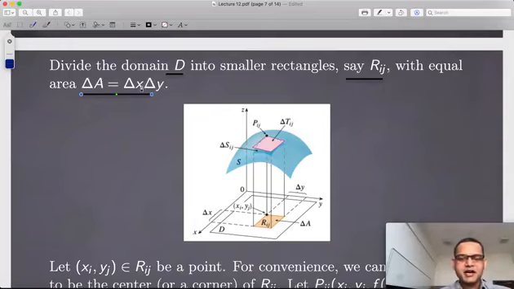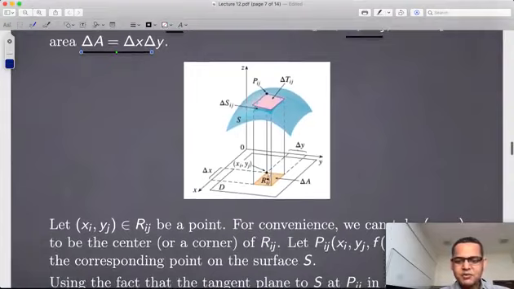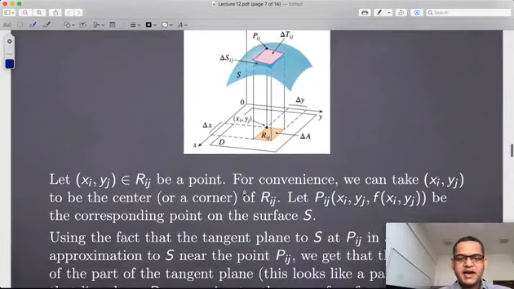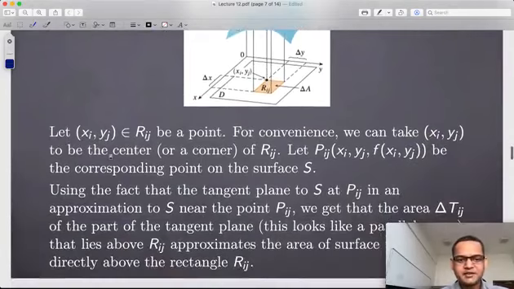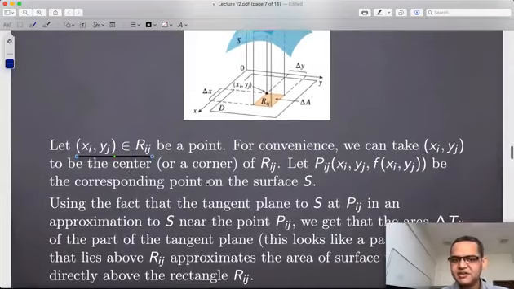All right, now look at any point over here. So in this picture it is a corner point, and then look at the corresponding image of this point. This is going to be a point on the surface. Okay, so this is what I have written over here, that we take any point. For convenience we can take this point to be the center or a corner.